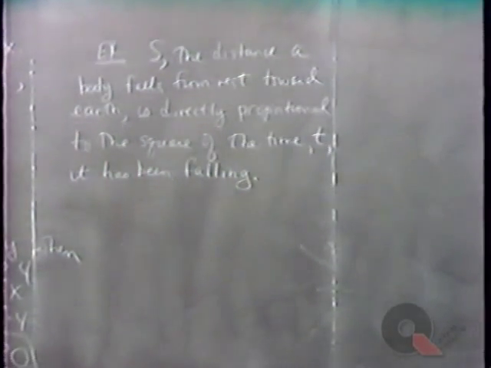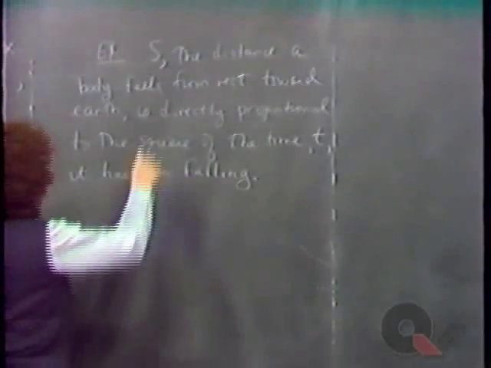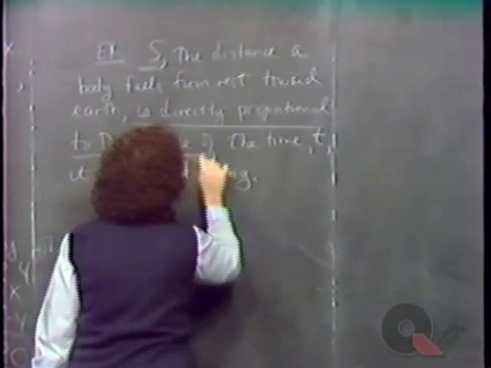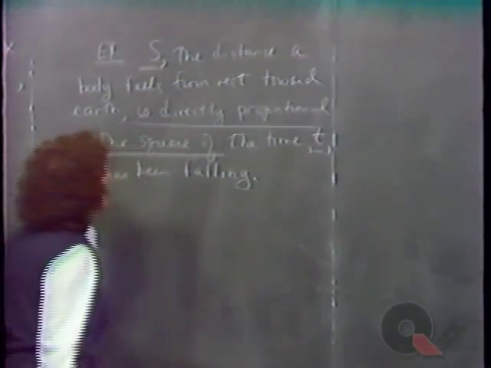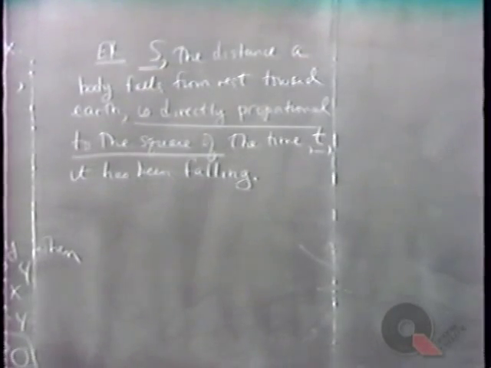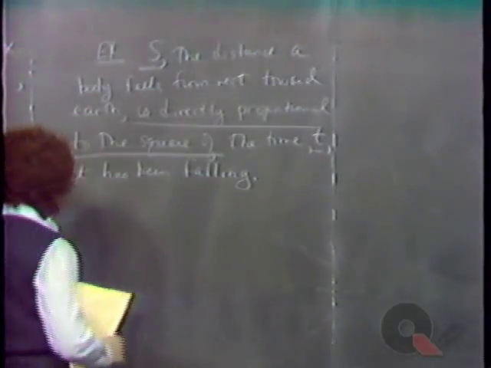Okay, S is directly proportional to the square of t. The distance a body falls from rest towards Earth is directly proportional to the square of the time it has been falling.